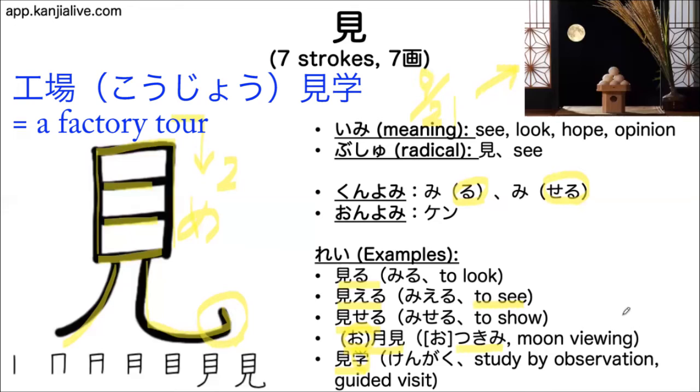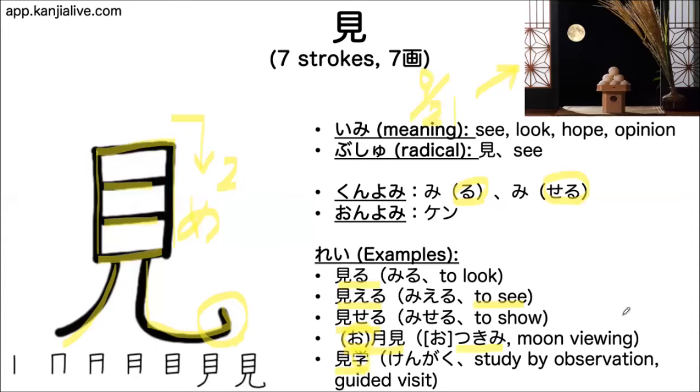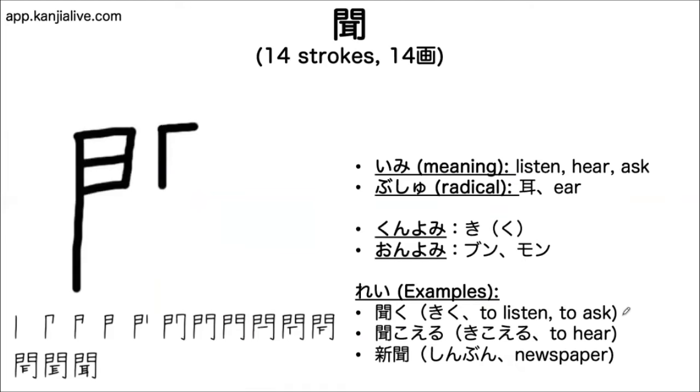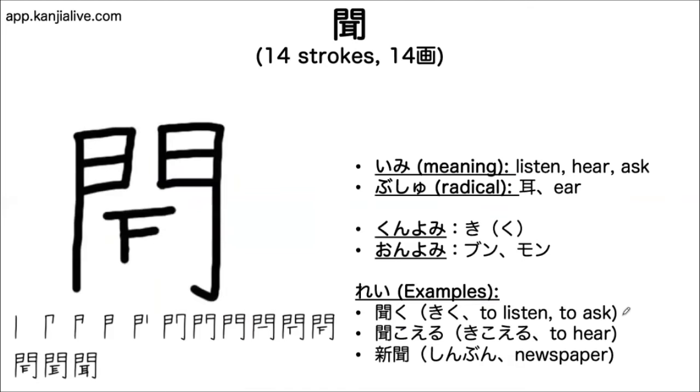For example, 工場見学 means the factory tour or factory observation.